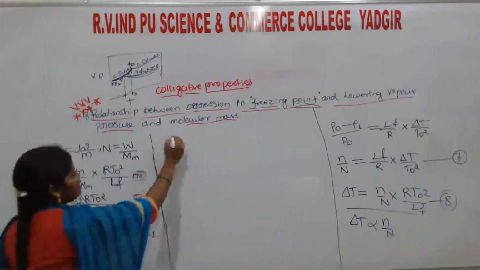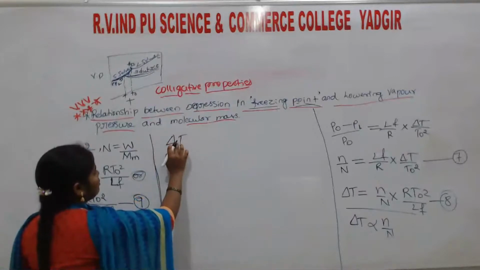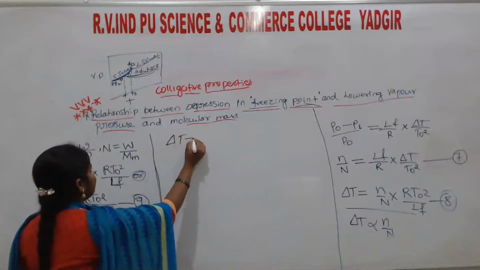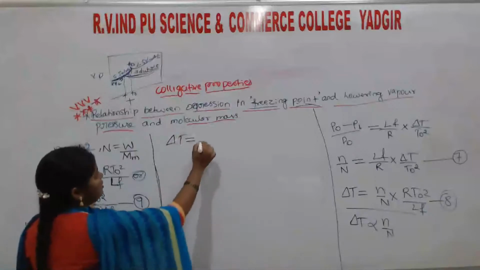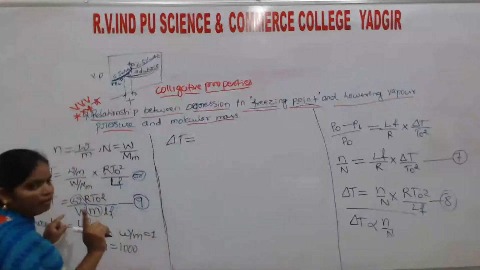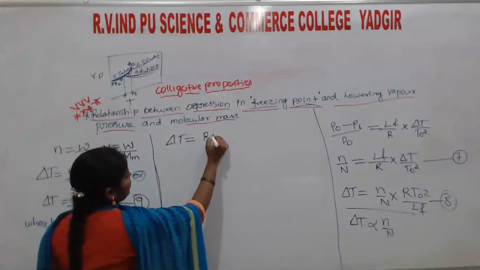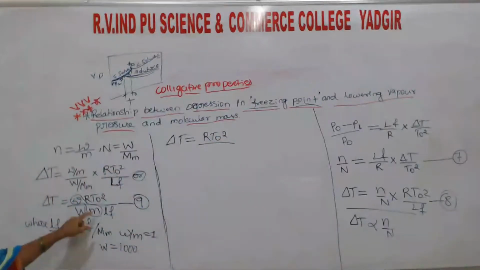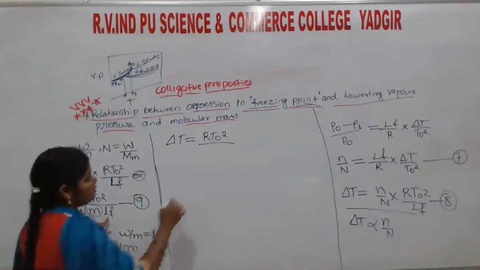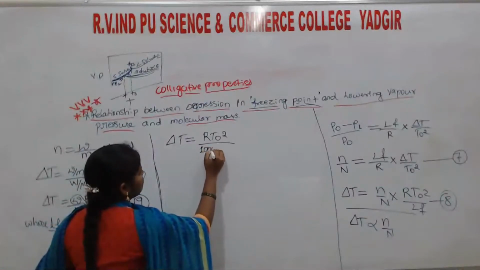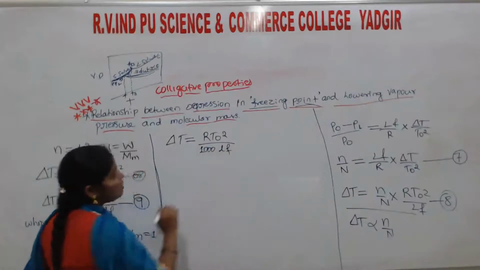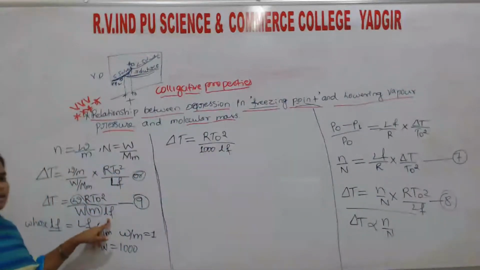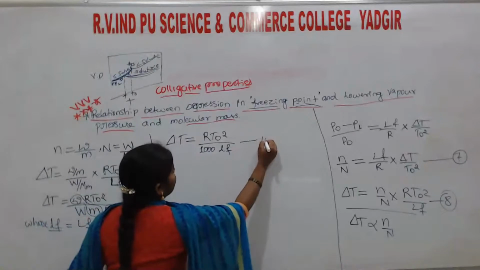Here delta T is equal to, w by M is 1, remaining R T naught square divided by w by M which is 1, divided by W which means 1000, 1000 into L. And this is equation number 10.